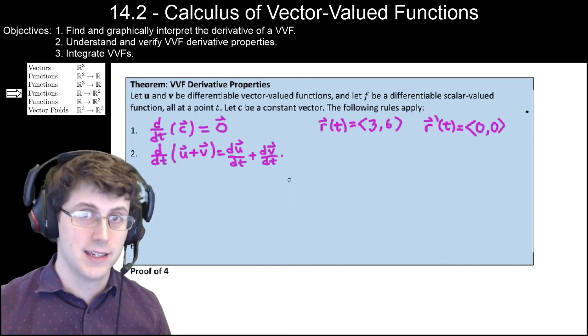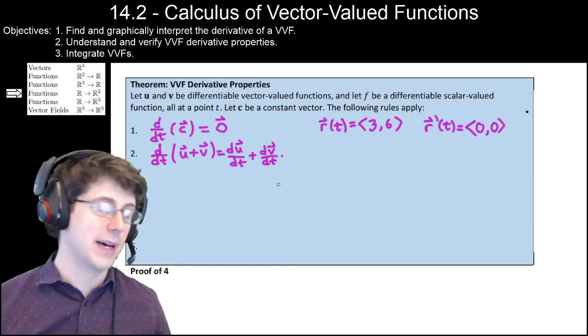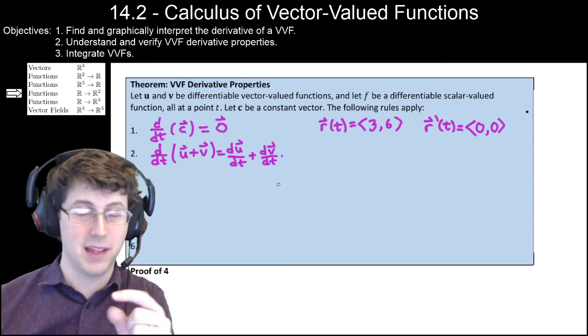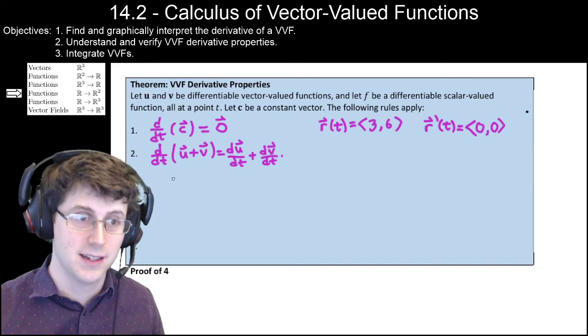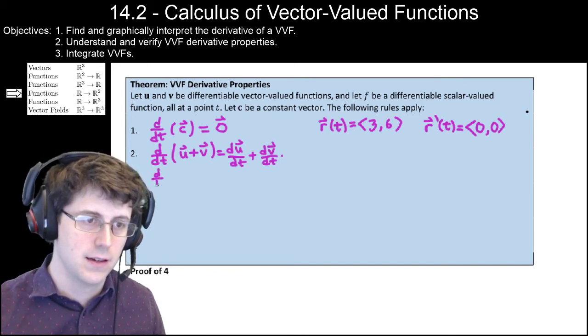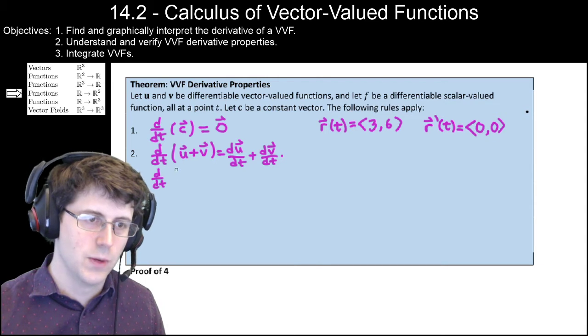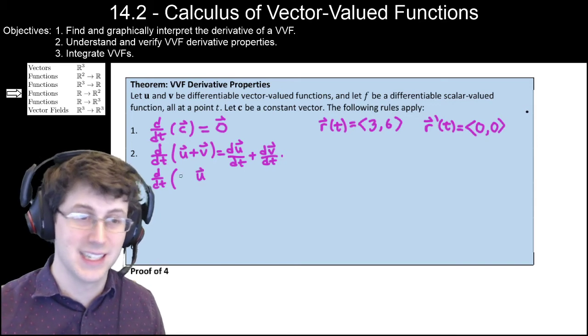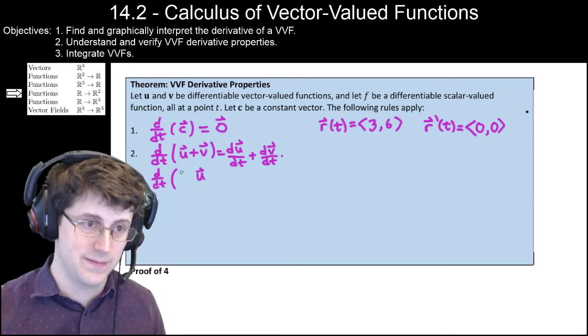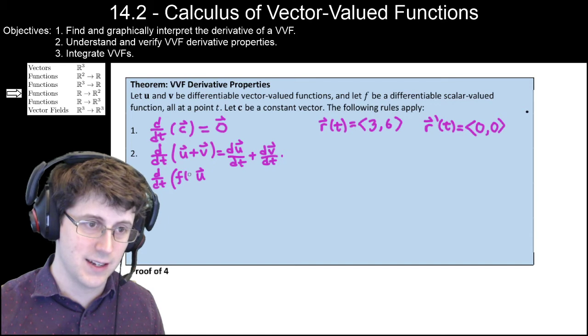The third one is a little bit strange. It combines a vector valued function with something that's not a vector valued function, like a regular old real function. It says, what if your vector valued function is multiplied by a function that doesn't give you vectors? I guess I'll call it f of t.